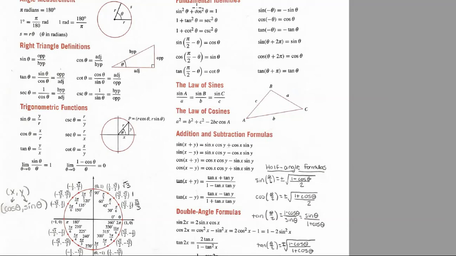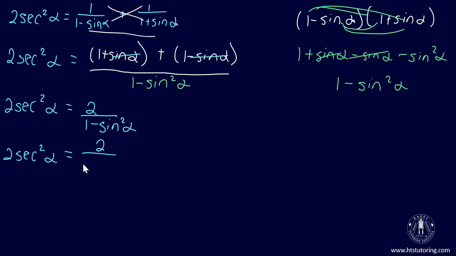If I bring sine squared alpha over to the other side, I get cosine squared alpha equals 1 minus sine squared alpha. So 1 minus sine squared alpha can be rewritten as cosine squared alpha. That would give me 2 over cosine squared alpha.